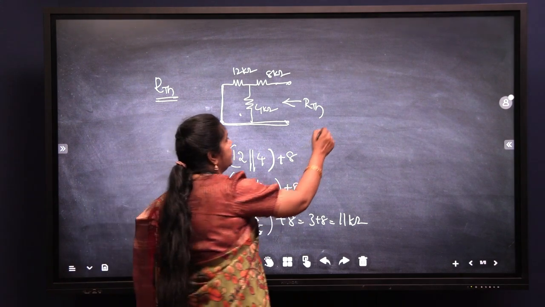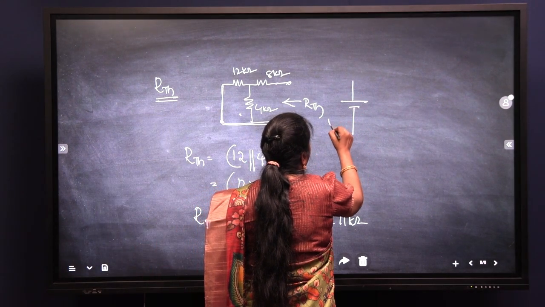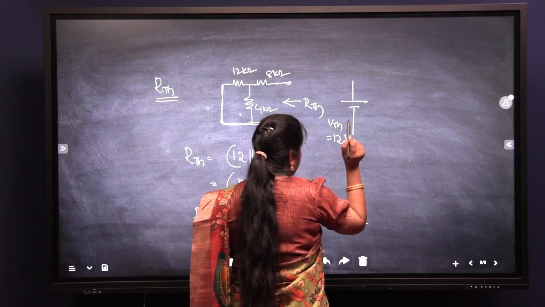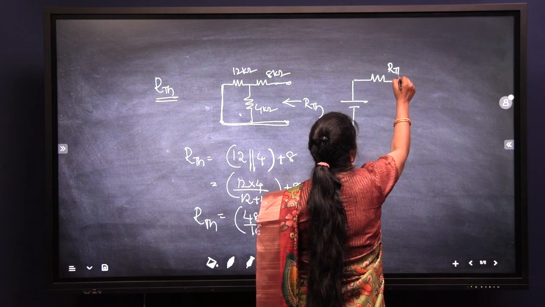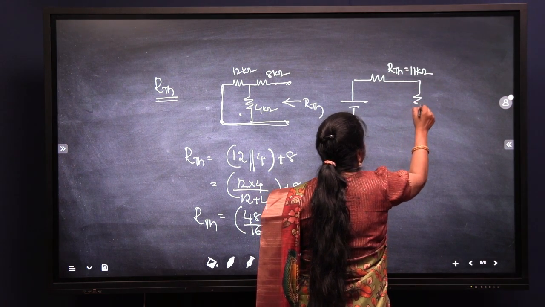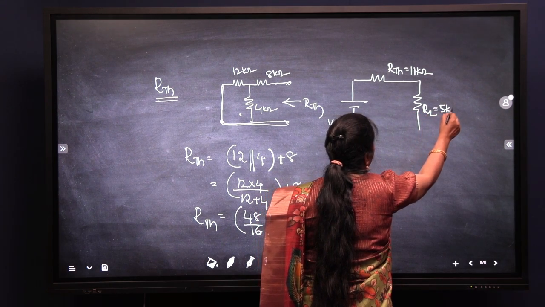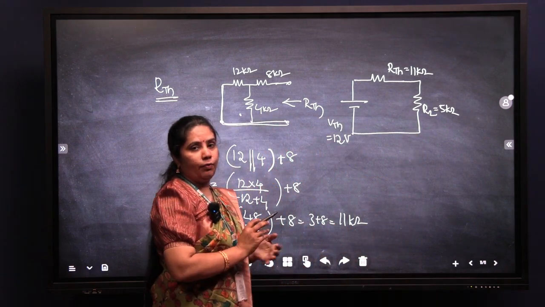That is nothing but first VTH, the value we got is 12 volts, which is in series with the Thevenin's resistance, 11 kilo ohms, which is in series with the load resistance, the value is 5 kilo ohms.